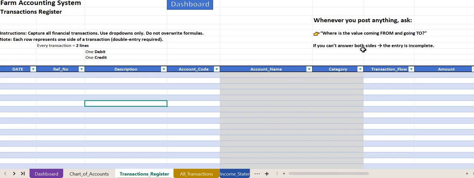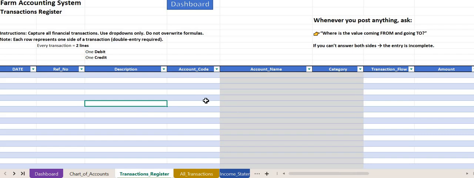If you can't answer both sides, then the entry is incomplete. For example, if you buy livestock using the bank, then livestock is going to increase and the bank is going to decrease. One transaction, two accounts affected.